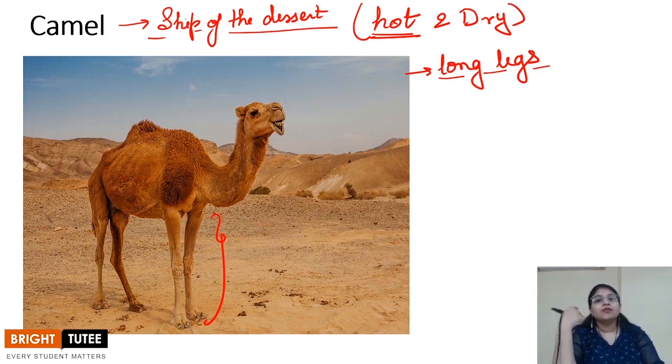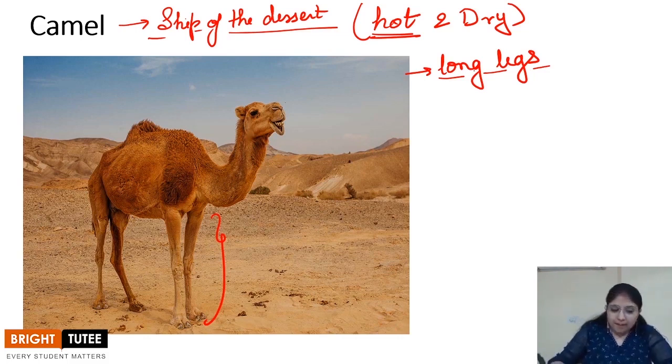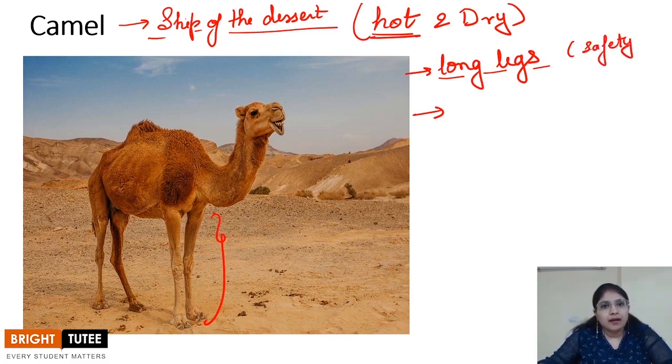This is one of the reasons why it is also called the ship of the desert, right? This particular adaptation is for safety from heat. It is to safeguard the animal from heat.